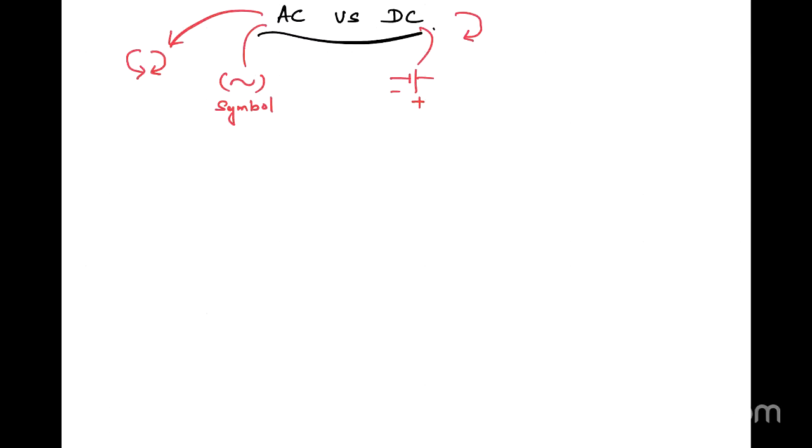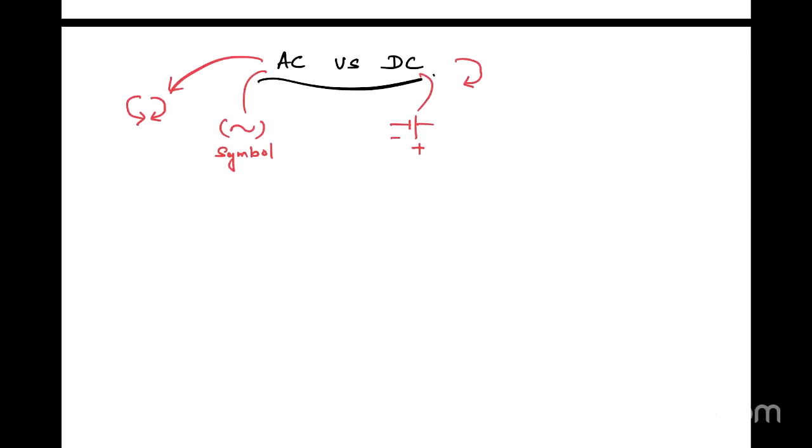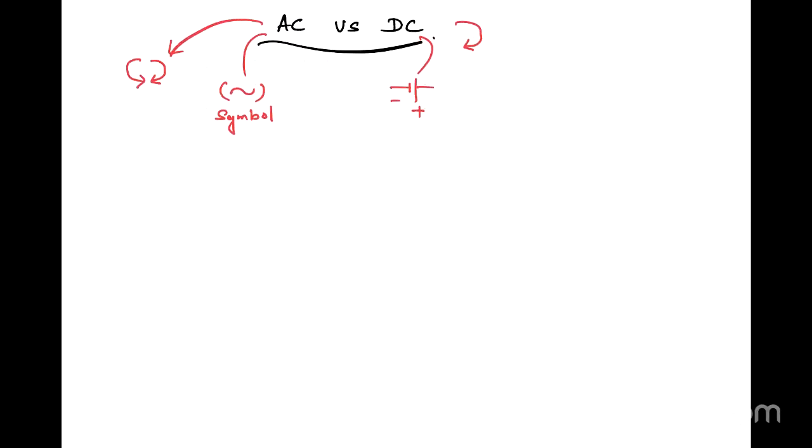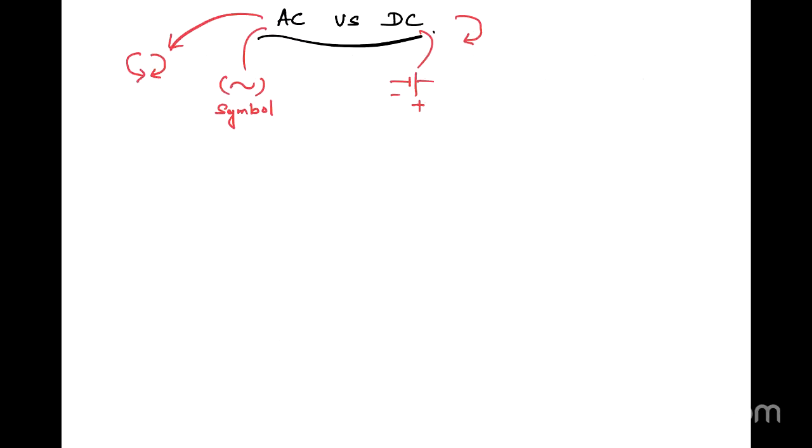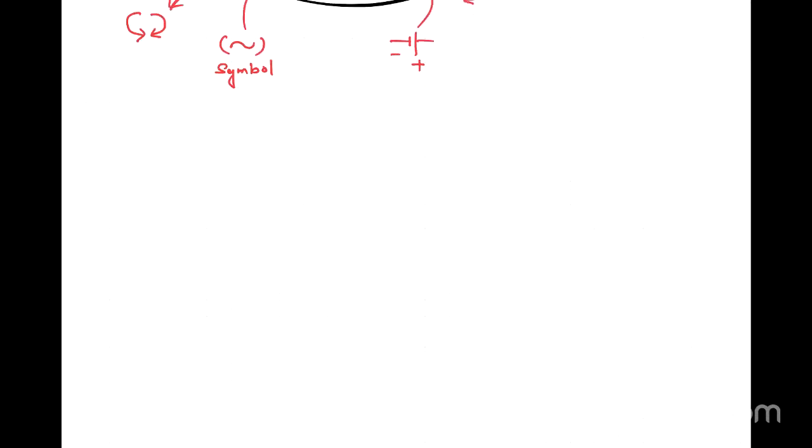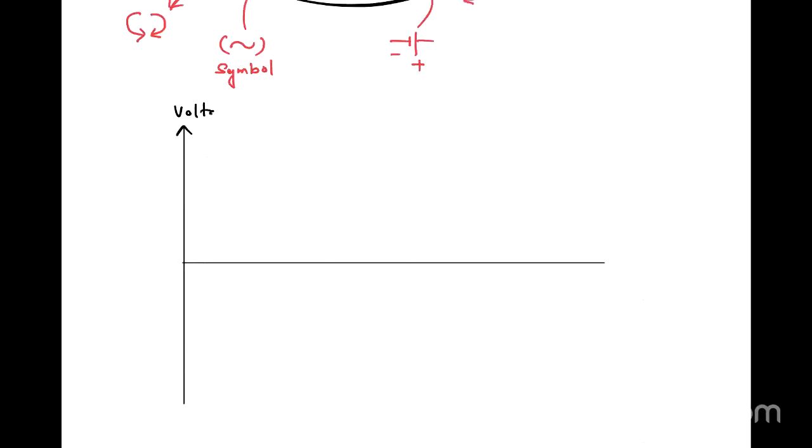And if we consider the graph structures, if we consider the graphs, this is somewhat special here. So if this is going to be the graph, let's say here we are dealing with the voltage, and here it is going to be the time, right?